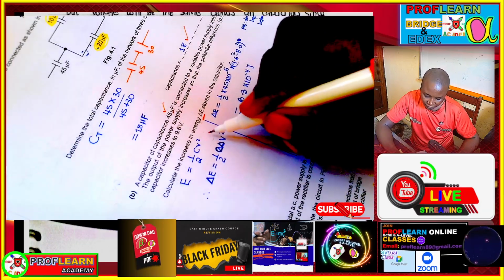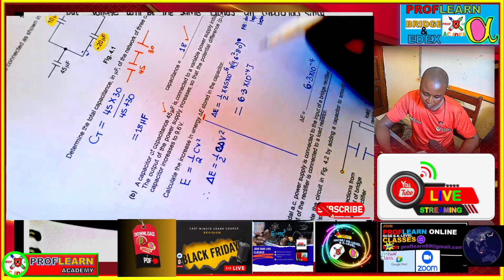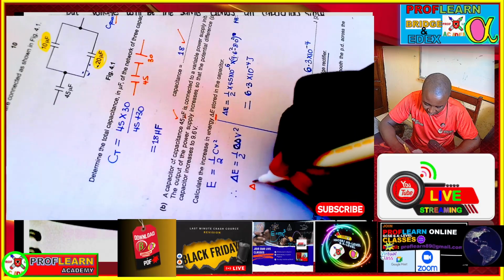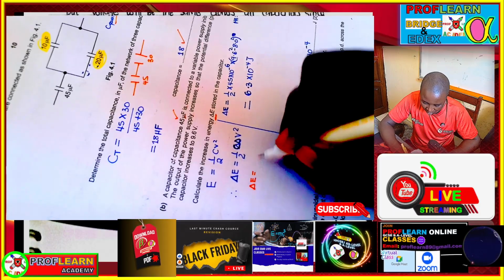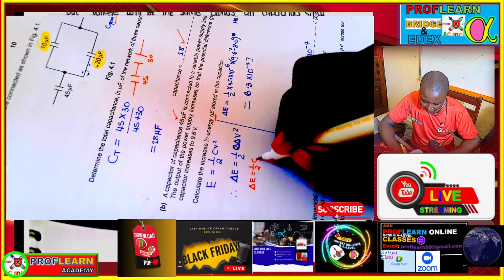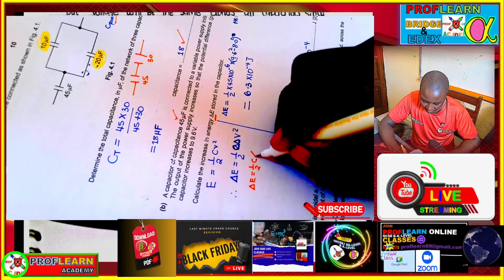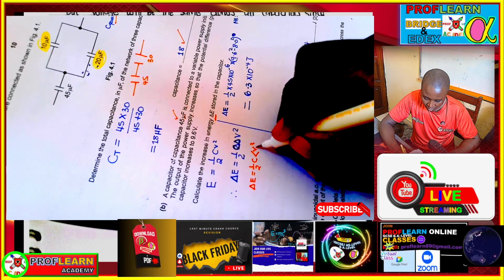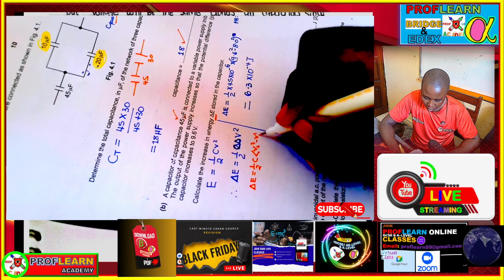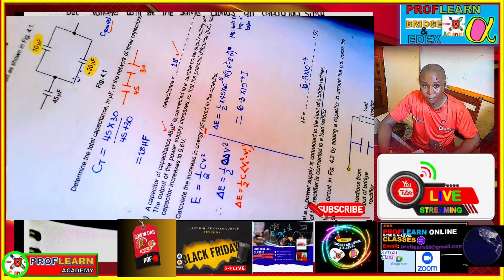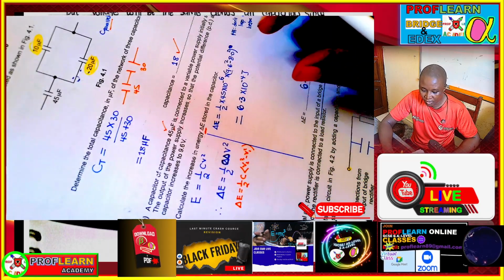But the voltage is increasing. So in that way, you are going to use the formula: change in energy stored is going to be a half C times V2 squared minus V1 squared. Don't subtract, then square. You square the voltage, then subtract.